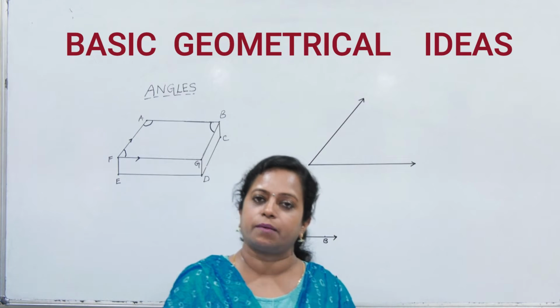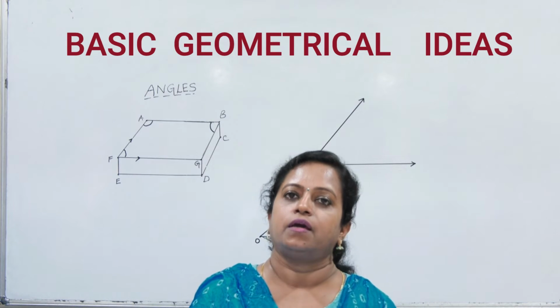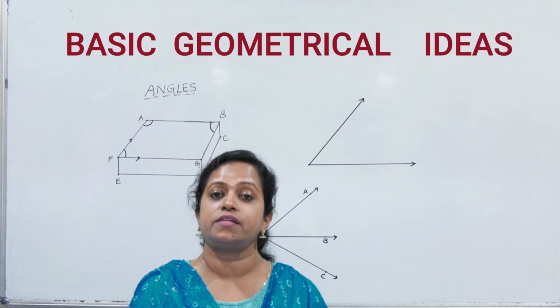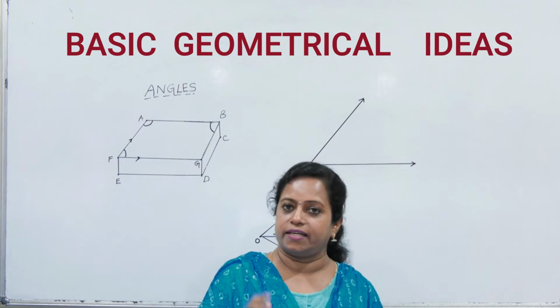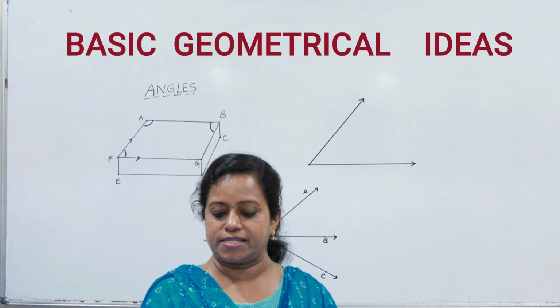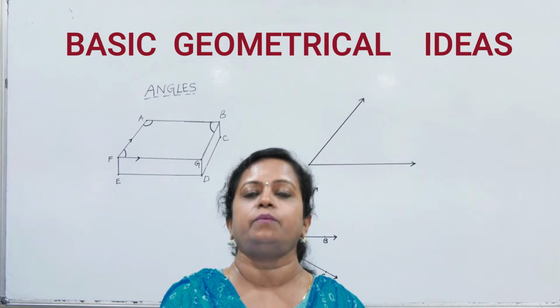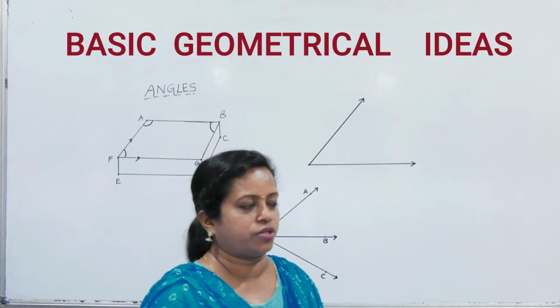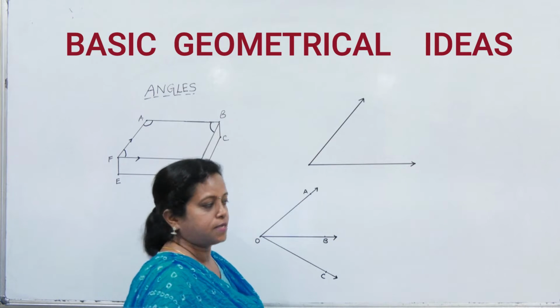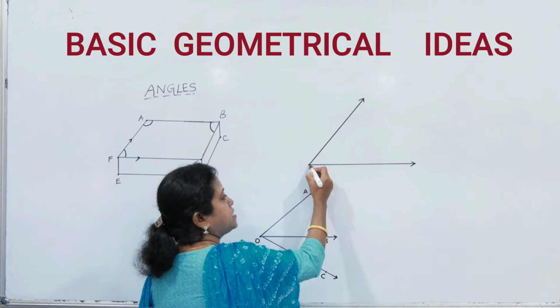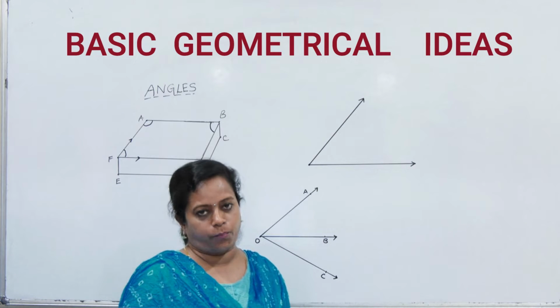Remember what we learned about rays in the first session? In the first session, we learned that rays have one initial point and the other end is endless, or it can continue indefinitely in the other direction. So here you can see in this figure, I have made two rays. These two rays are meeting at one common point.